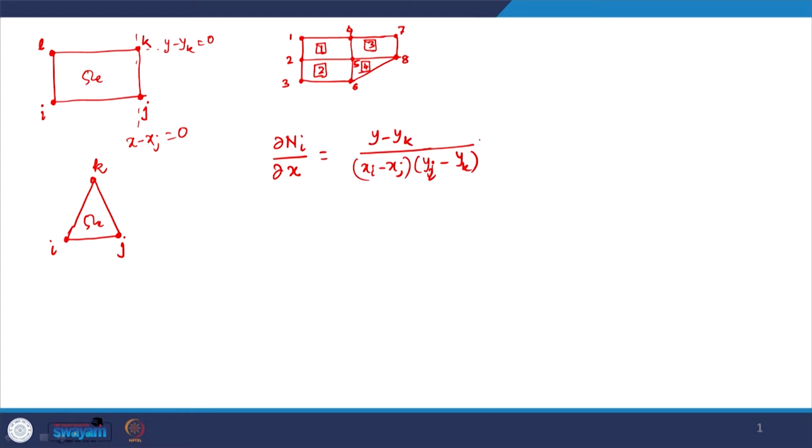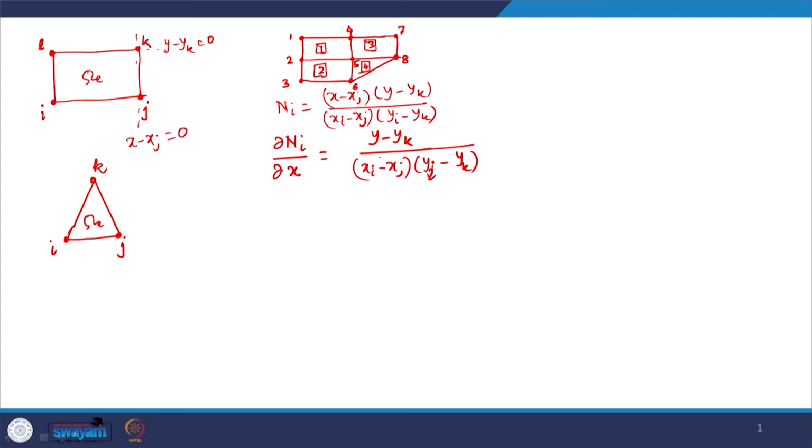So, it is linear in y, and similarly for all derivative functions. N_I is essentially (x minus x_j)(y minus y_k) divided by the numerator normalized at the node, (x_I minus x_j)(y_I minus y_k). So, the derivative is simply this remaining expression, and this is completely defined the moment we have the coordinates of all these nodes in the mesh.